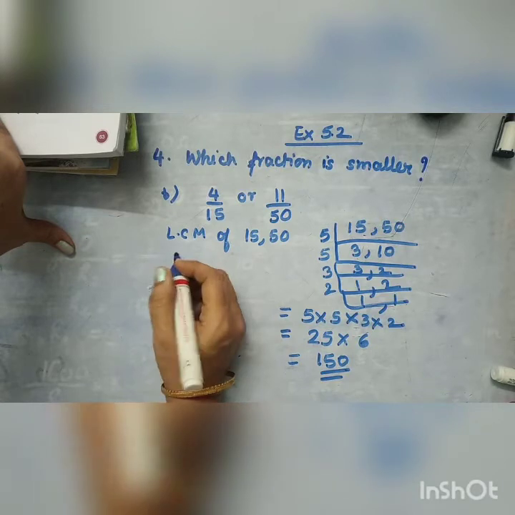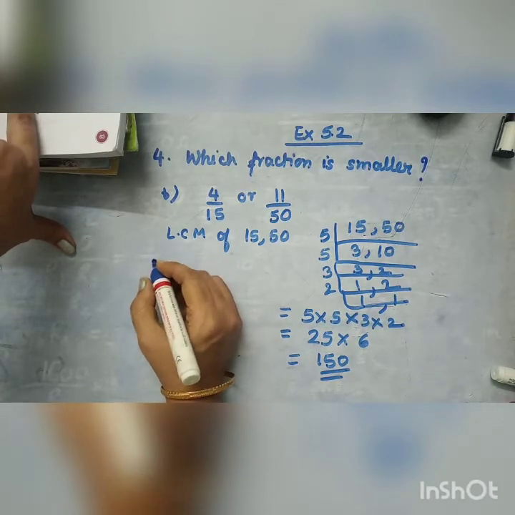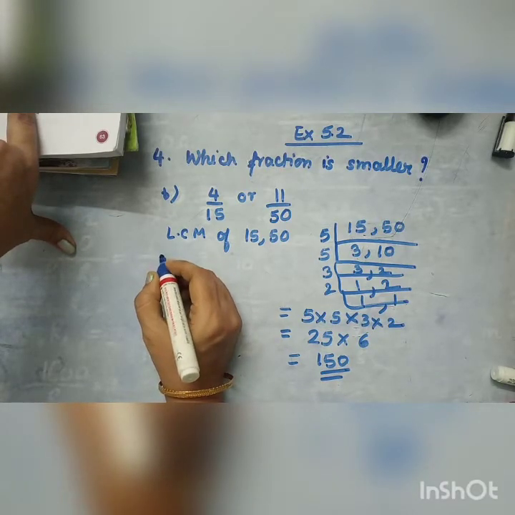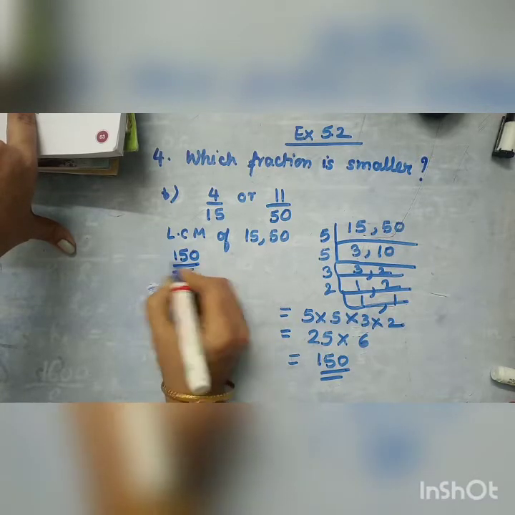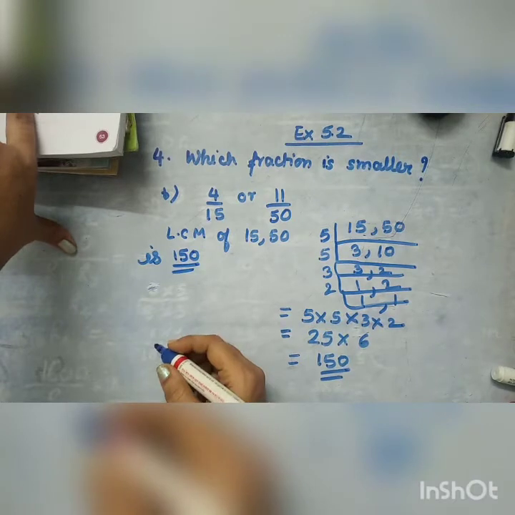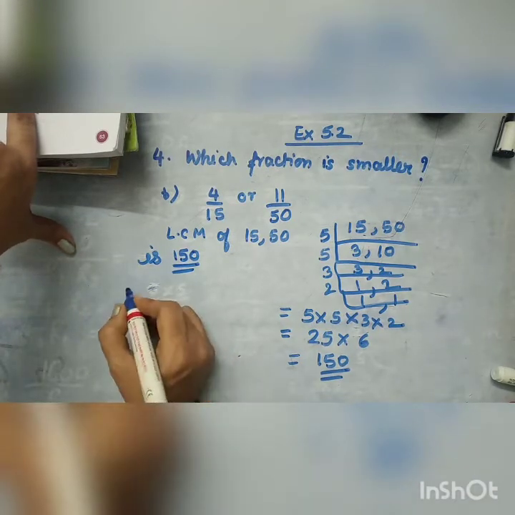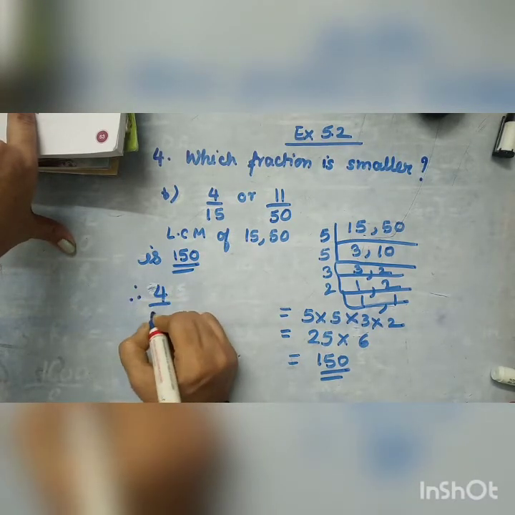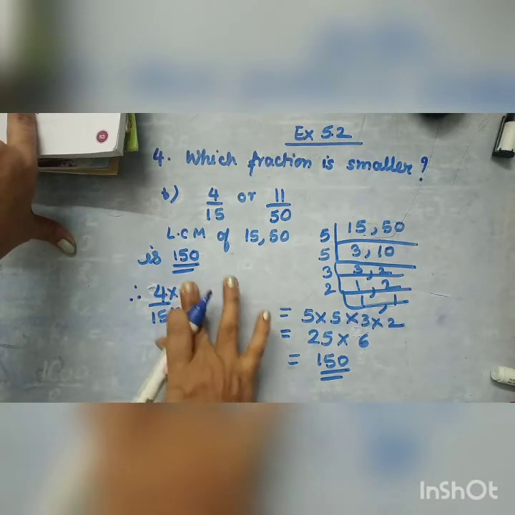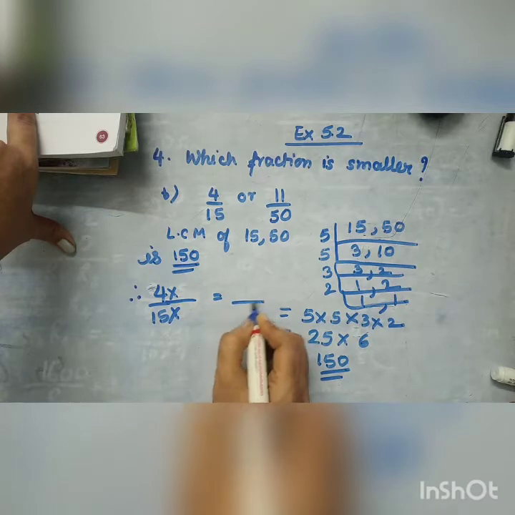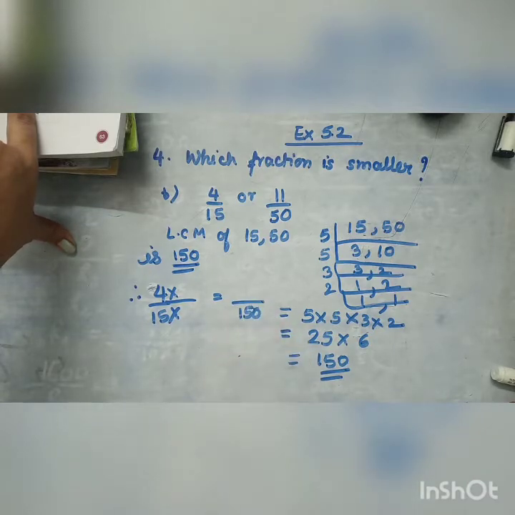As you have taken out the LCM of these two denominators, LCM of 15 and 50 is 150. Therefore, if you take the first number here, so here you have 150 down.